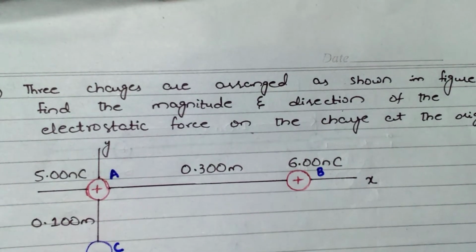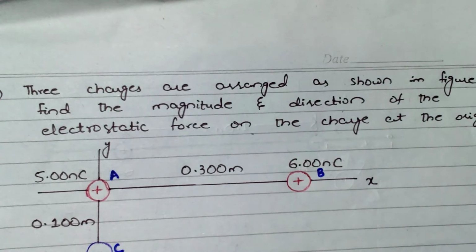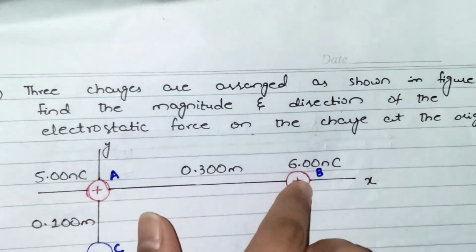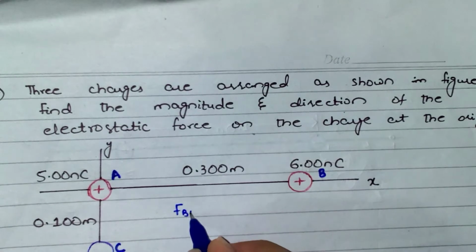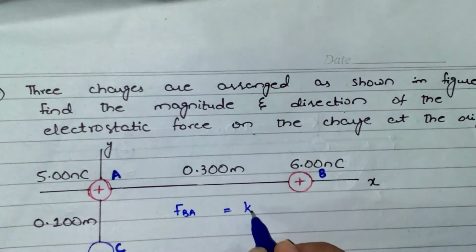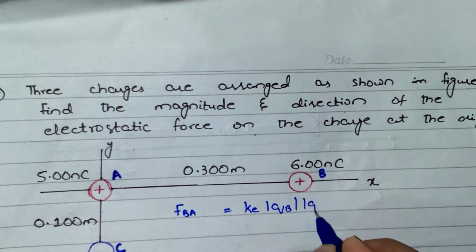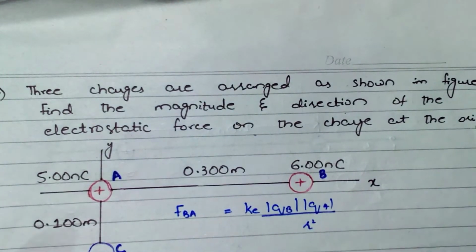So according to Coulomb's law, what is Coulomb's law? F equals K Q1 Q2 over R square. If we apply this Coulomb's law on charges B and A, we can write FBA equals KE, that is the constant, QB QA over R square.